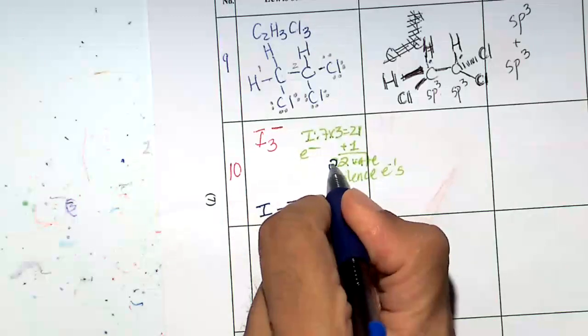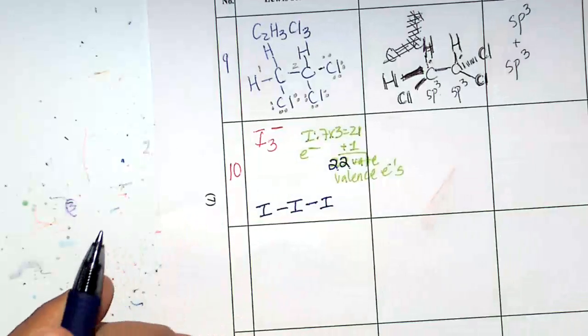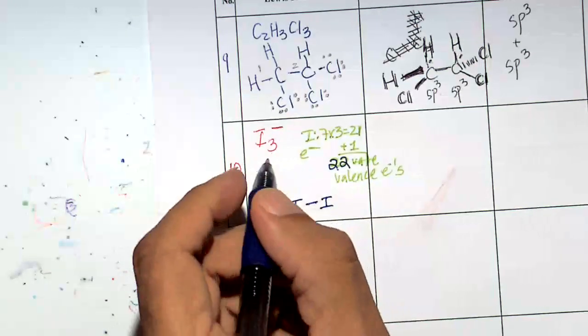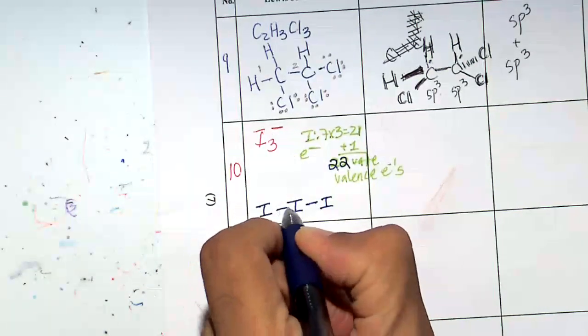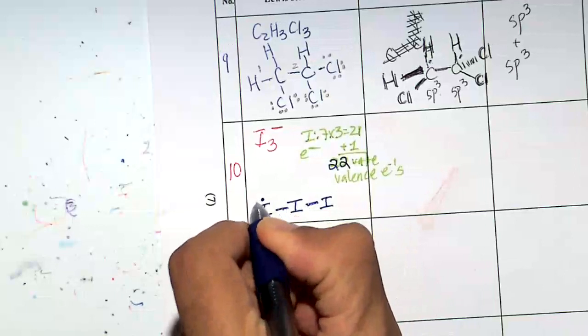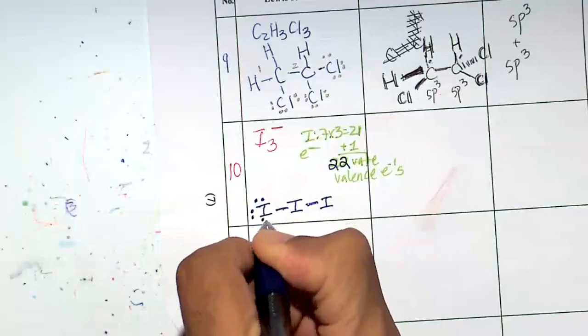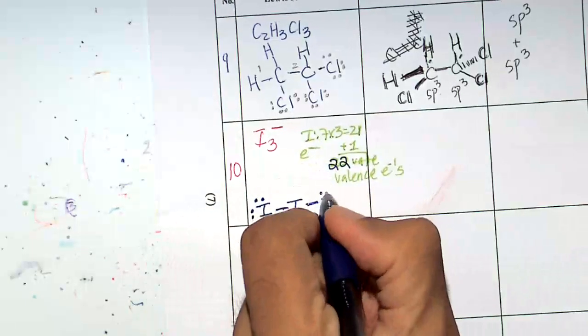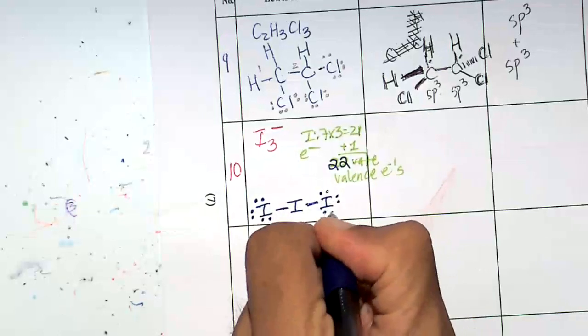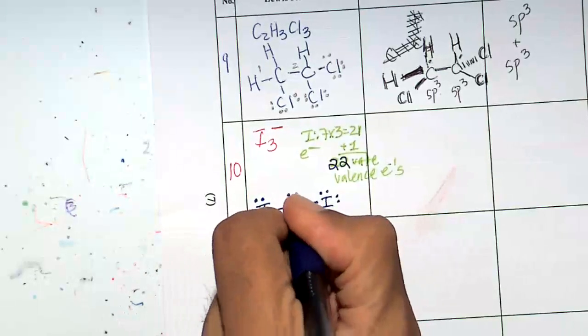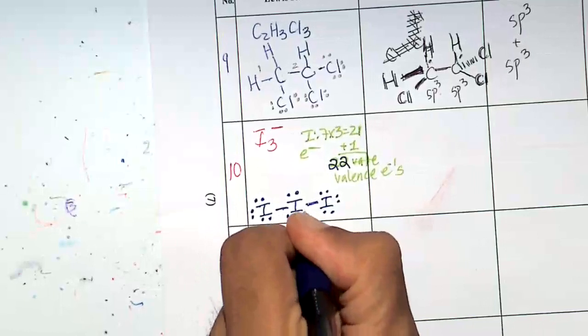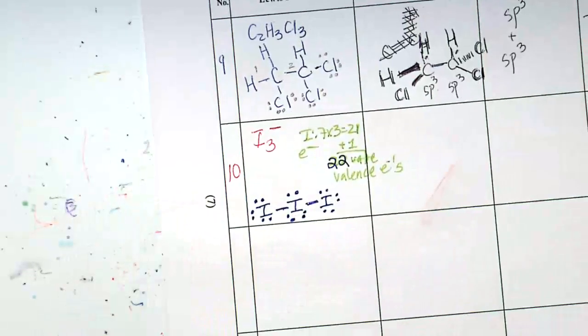We need 22. Ready? 1, 2, 3, 4, 5, 6, 7, 8, 9, 10, 11, 12, 13, 14, 15, 16, 17, 18, 19, 20, 21, 22.